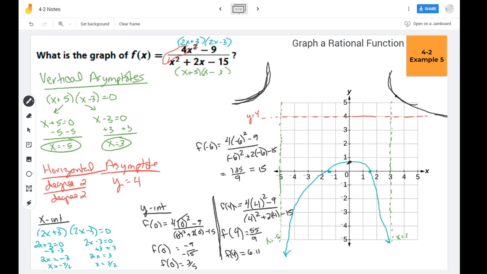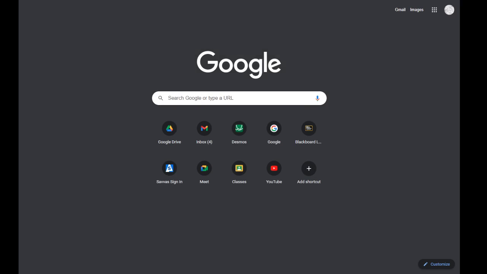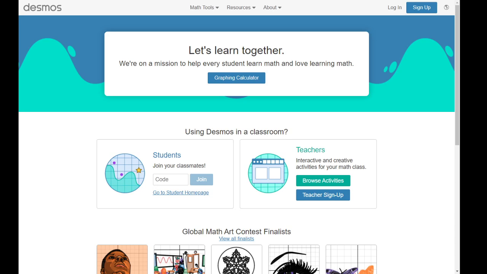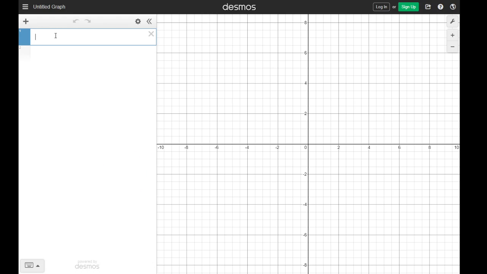Let's go on to Desmos real quick, just because I want to show you guys that that's actually what I got and why it looks like that. All right. So if I need to type into Desmos, I usually start by setting up my fraction.